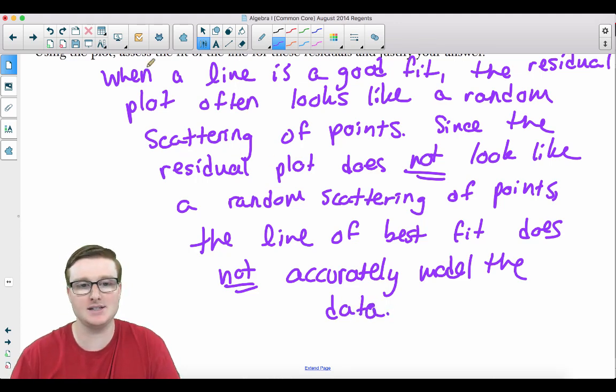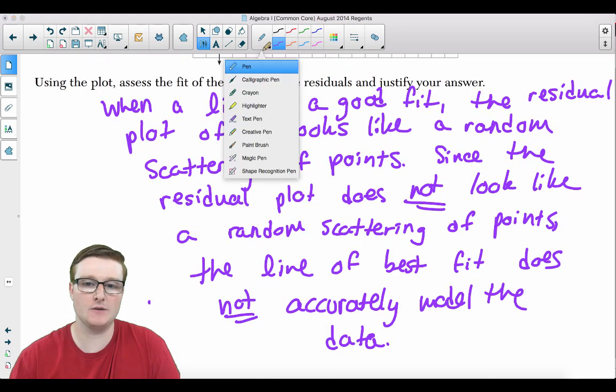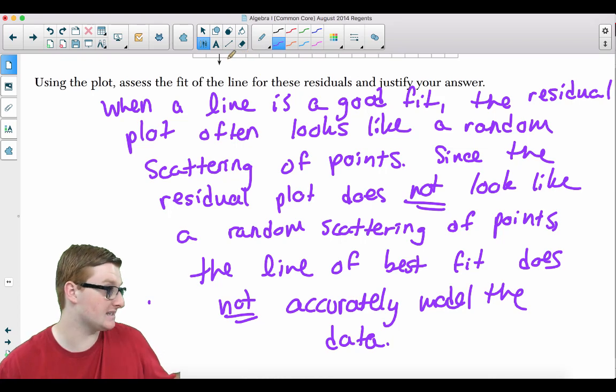Anything on the lines of that, where there is a pattern forming or something like this, that would be perfectly acceptable on the Regents exam.